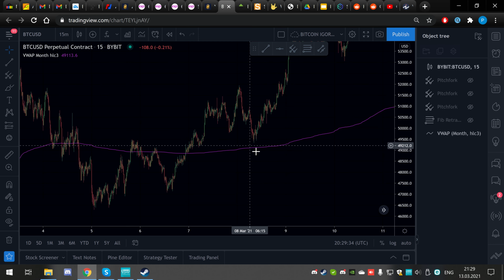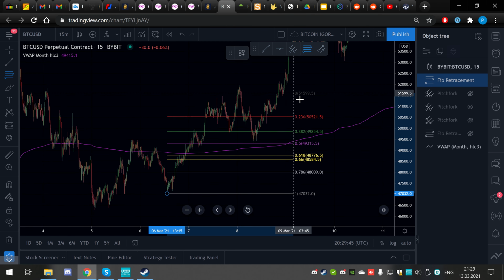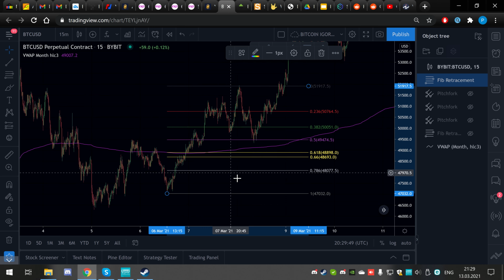So you could enter if you see some traders buying already. It was really close. It was probably some stronger level there. Maybe Fibonacci people were not waiting for VWAP. Yes, 0.5. Okay.